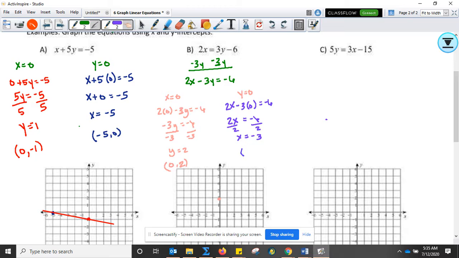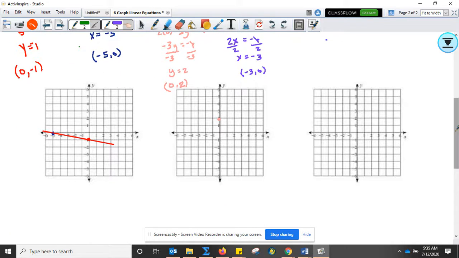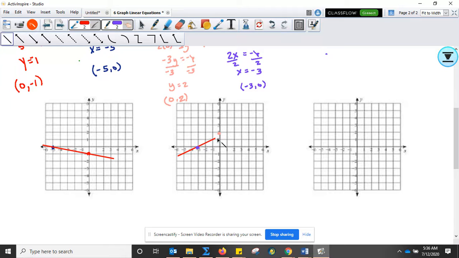So your ordered pair would be negative 3, comma, 0. So negative 3, 0 right here. And now to get that line, I'm just going to use my tools and draw the line. And that's going to be the graph of that equation.